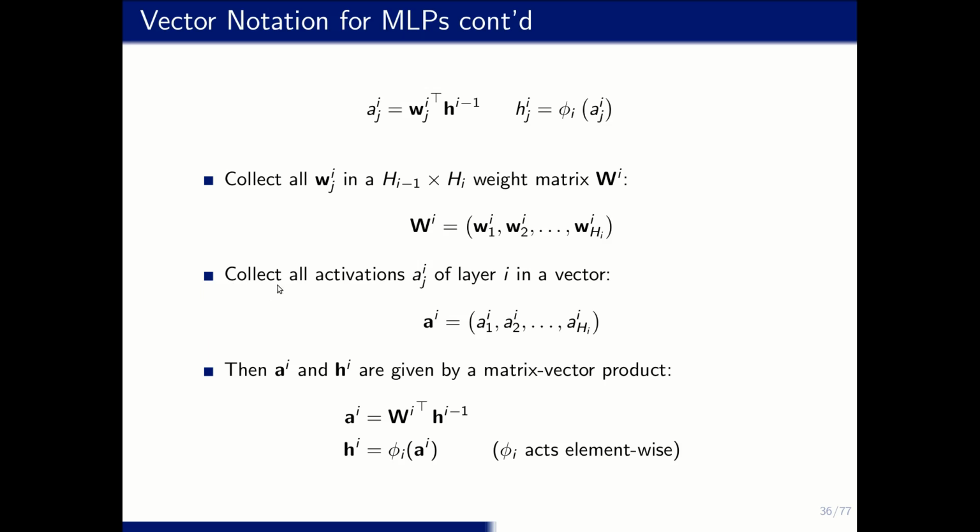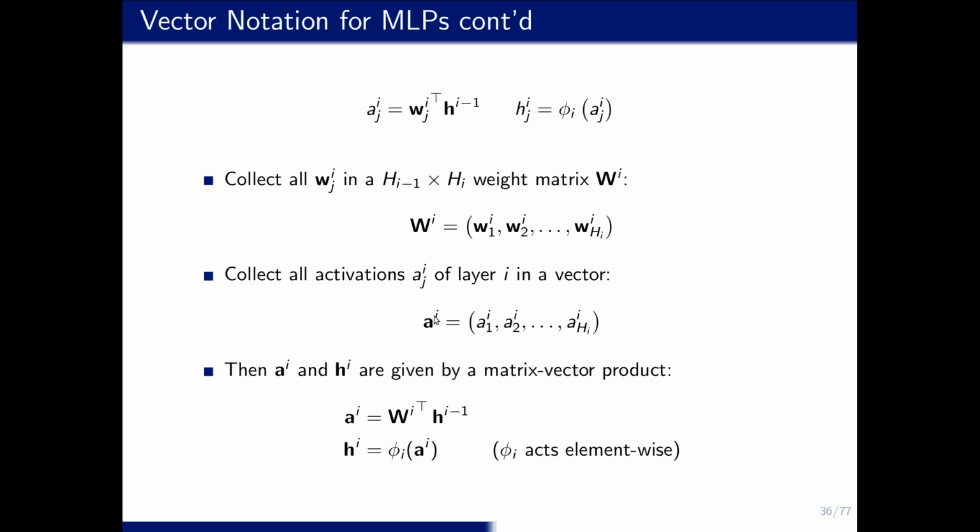And we can now also collect all the activations. So we saw the activation is just an inner product. So we can collect all the activations in the ith layer, jth unit. So we run over j and pack them into a vector. So here we run over j, j1, j2, and so on. So we collect all the activations into a single vector. So these are all the activations in the ith layer.